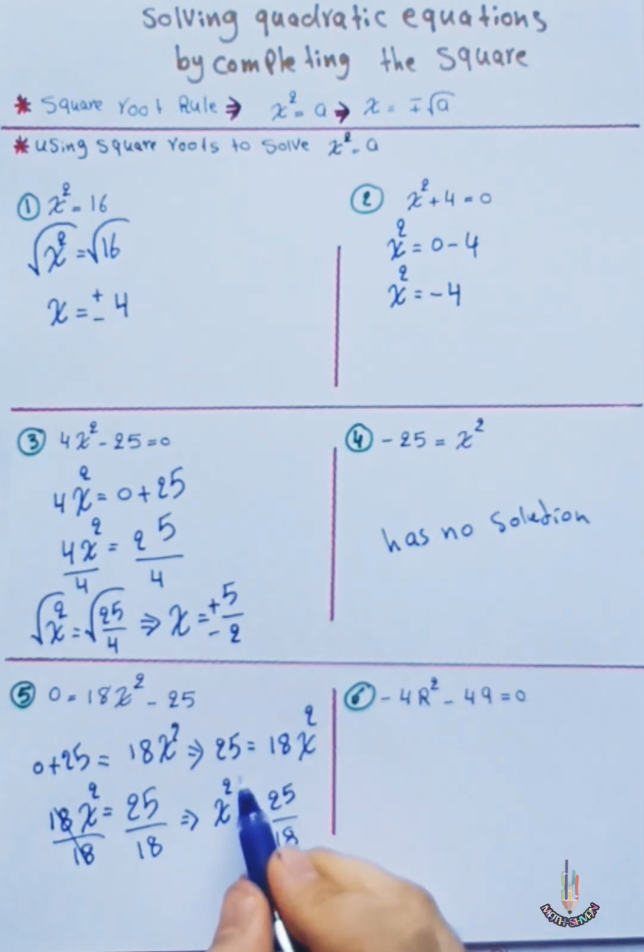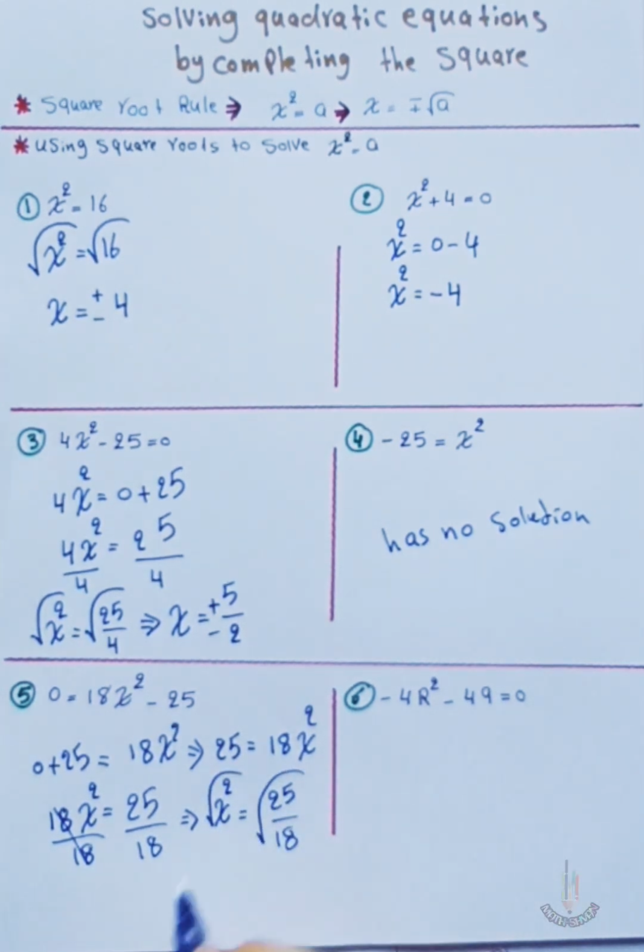You have to take the square root of both sides, so x equals positive or negative the square root of 25 over the square root of 18. 25 is a perfect square equal to 5, and 18 is not a perfect square, so the square root of 18 is the square root of 2 times 9. 9 is a perfect square equal to 3, but 2 is not a perfect square, so 2 stays inside the square root.